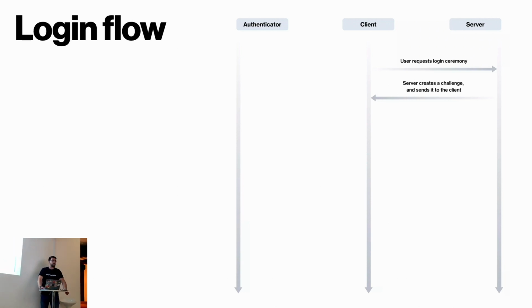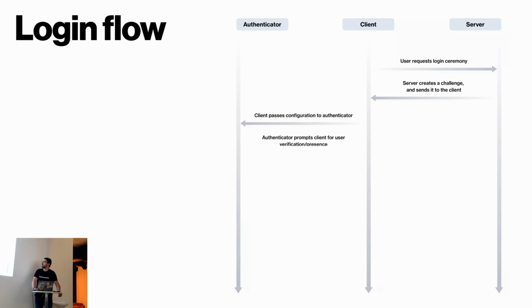The flow itself, again, is similar. The user, of course, has to initiate the request to log in, and then a server creates some kind of a challenge, which is then returned and passed through to the authenticator. So the process is very similar. The server creates something that's being sent over to the authenticator. The authenticator then uses that information and requests a verification from the user.